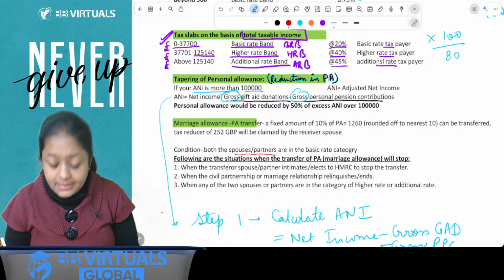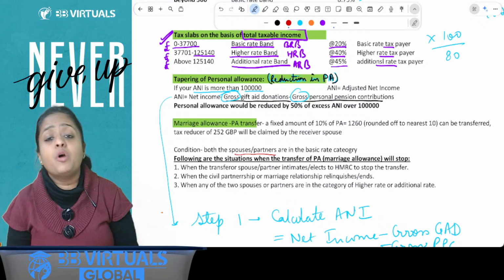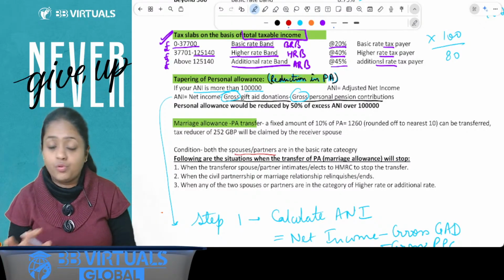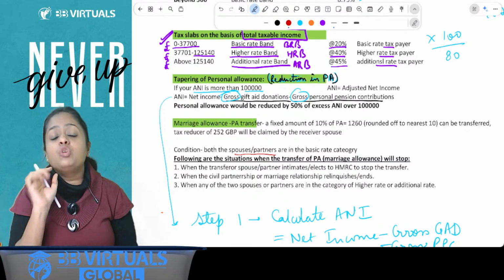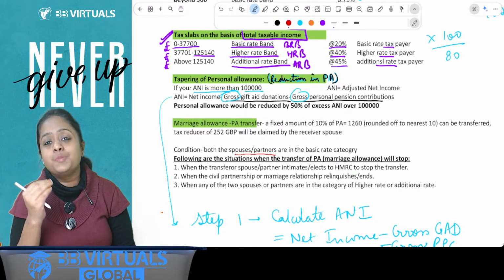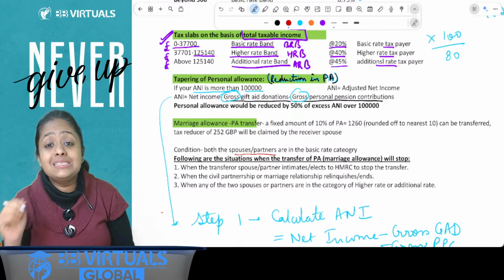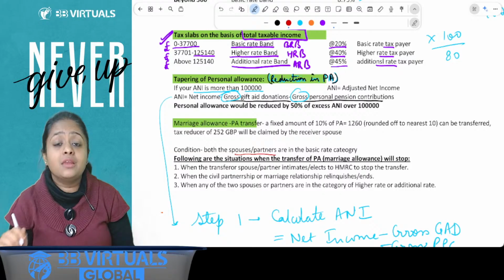Now, in this case, you are not allowed to transfer any amount of PA that you want. No. There is a fixed amount only that you can transfer. You cannot transfer more than this and you cannot transfer less than this. What is the fixed amount? The fixed amount is 10% of your PA in rounding off.